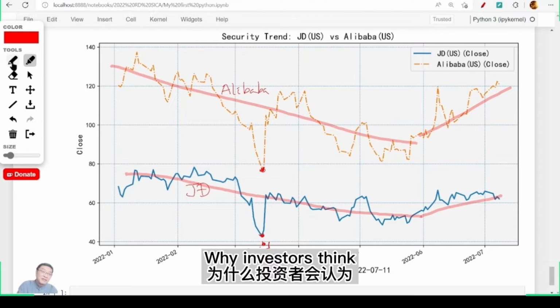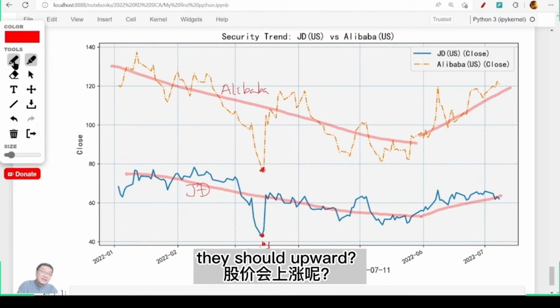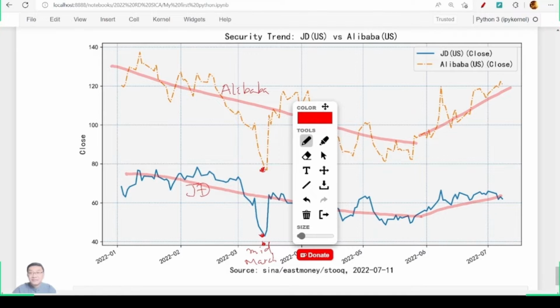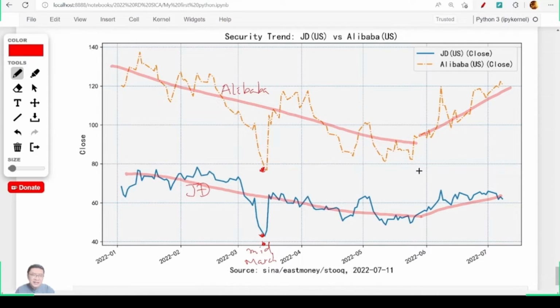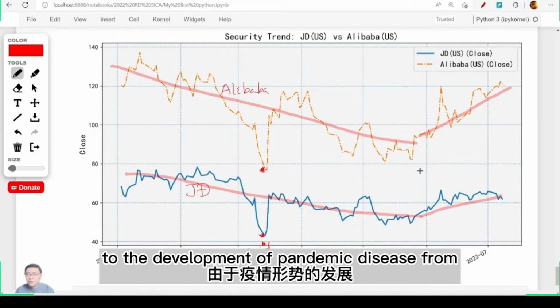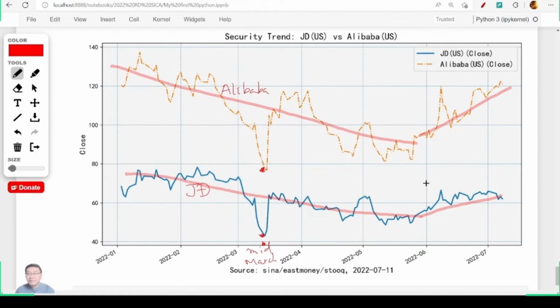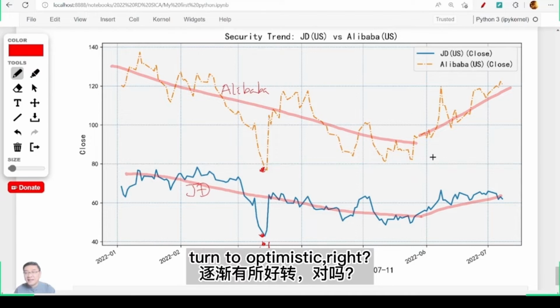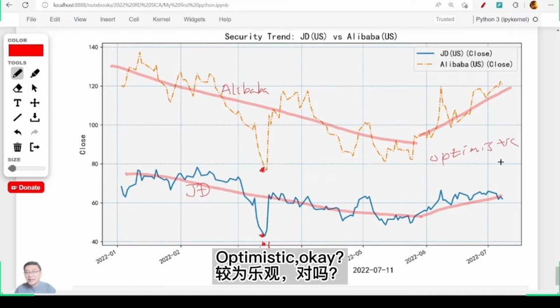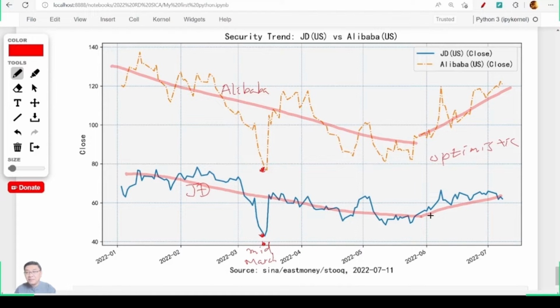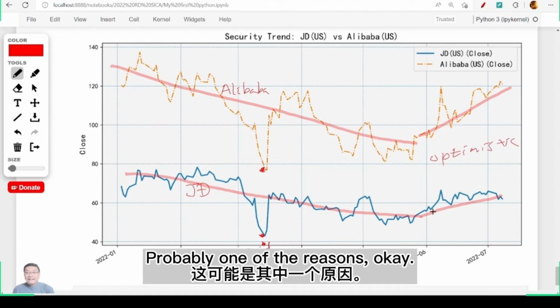Why do investors think it should go up? Maybe the pandemic. Maybe investors change their attitude toward the development of the pandemic from pessimistic to optimistic, right? Optimistic. Okay. Probably one of the reasons.